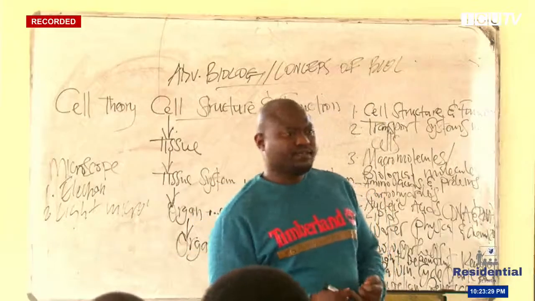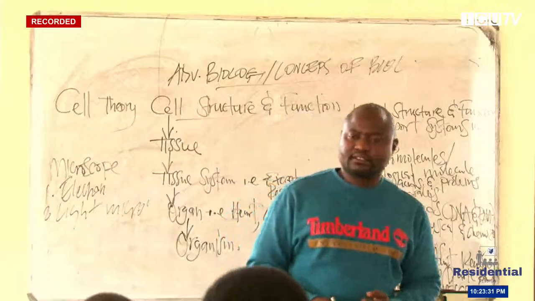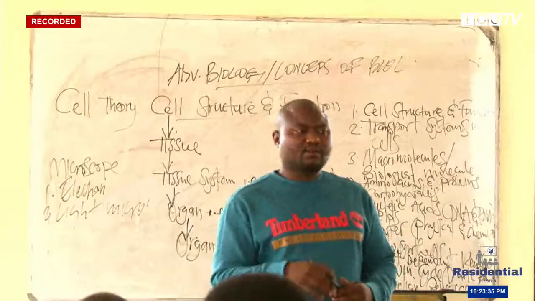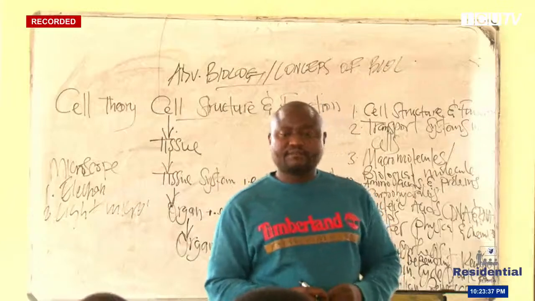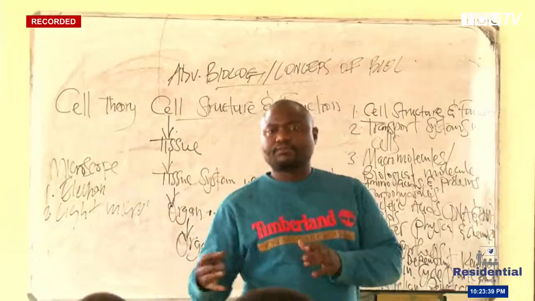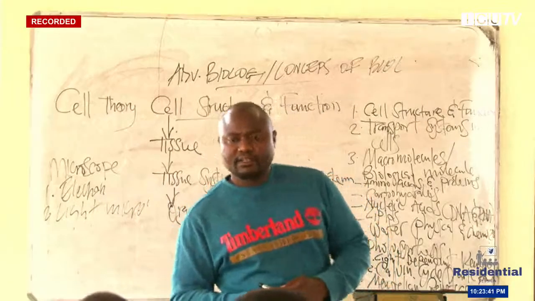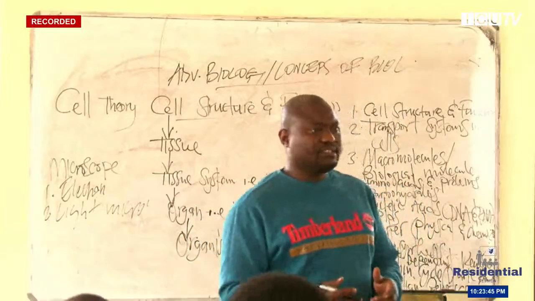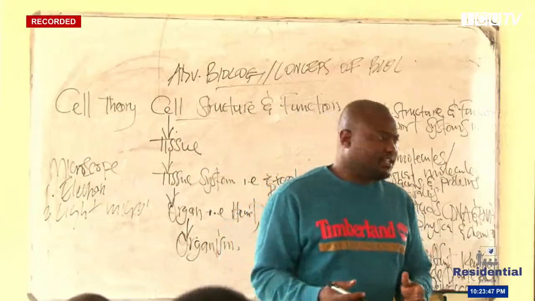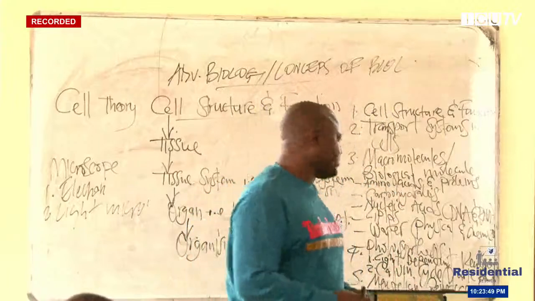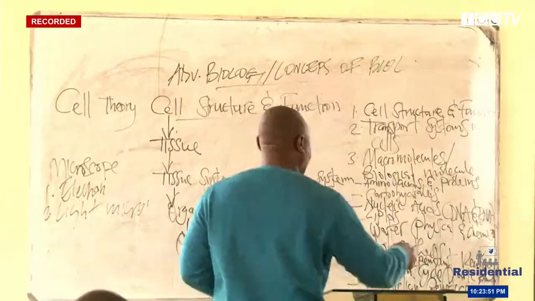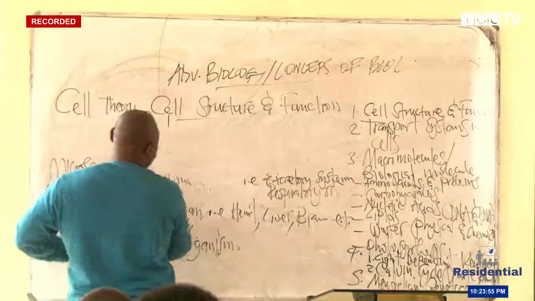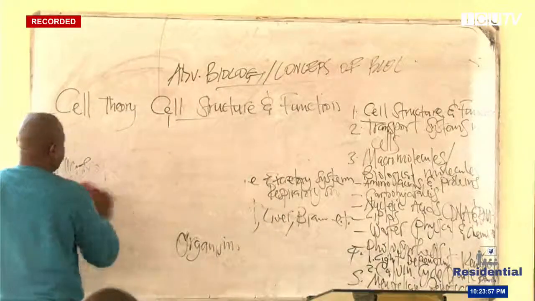Then also, they looked at the cell components, what components they have that the other cells or group of cells don't have. So based on those discoveries and studies, they came up with those 2 categories, eukaryotic and then prokaryotic cells. We'll start looking at prokaryotic cells first.